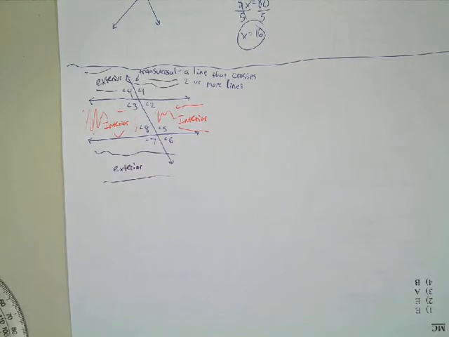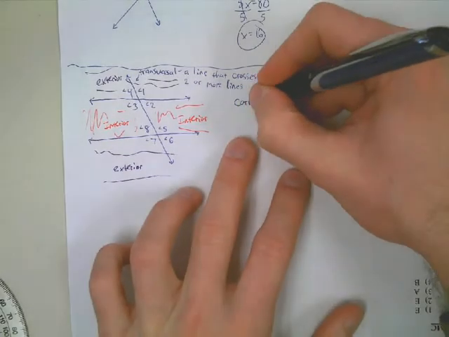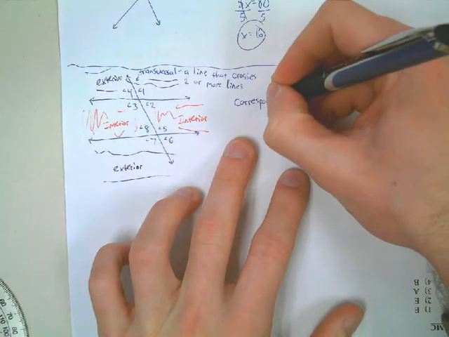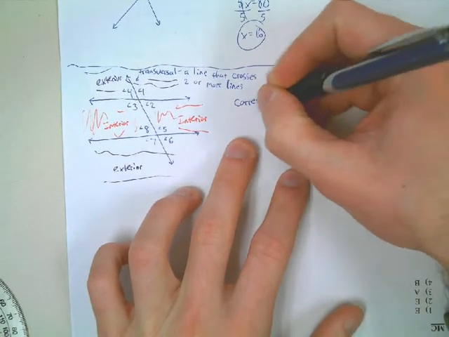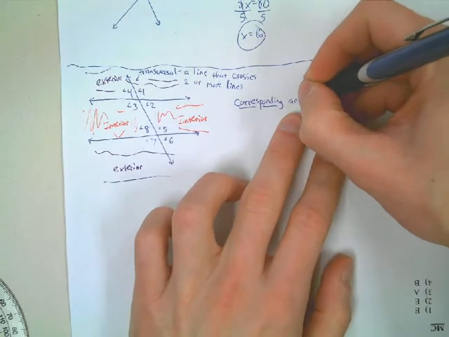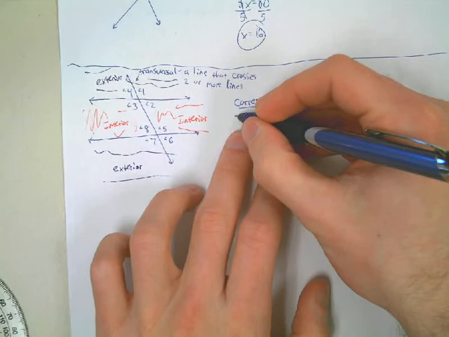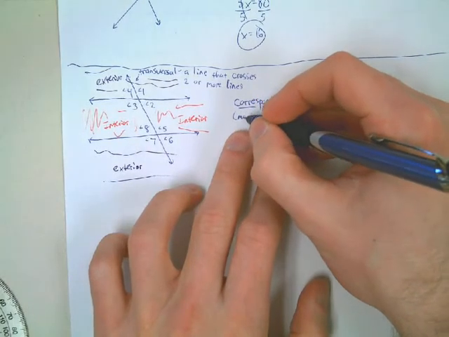All right, so 1 relationship that we see here is something called corresponding. Okay? The key word for corresponding is you can consider them to be kind of like matching. I'll put the word matching in parentheses. We never call them matching angles, but I'm going to put the word matching in there because that's basically what you're looking for here.